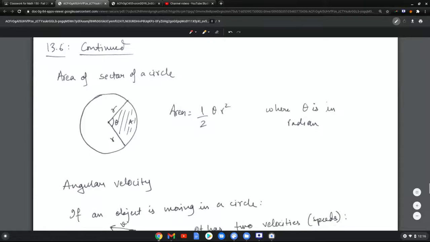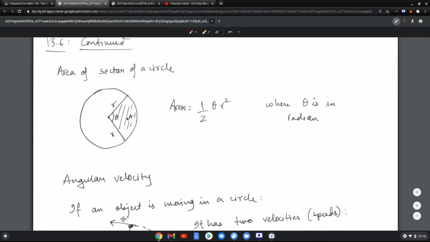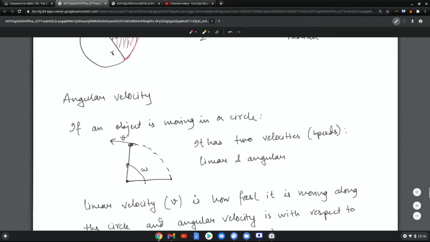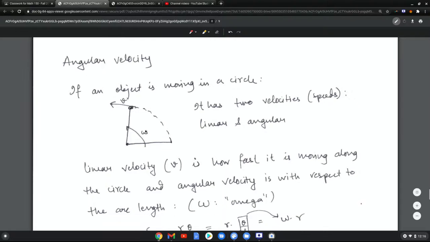Another application is the area of the sector of a circle. Now, if I walk from here to here, if I take this region, how much area is covered here? It's given by 1/2 theta r squared, where again theta is in radian. And the last example is that of angular velocity. If an object is moving in a circle, it has two kinds of velocity, linear and angular.